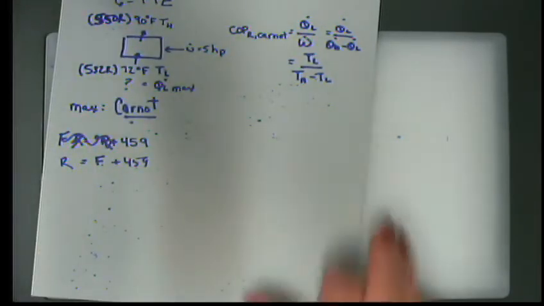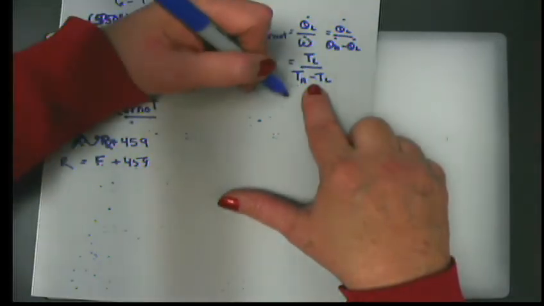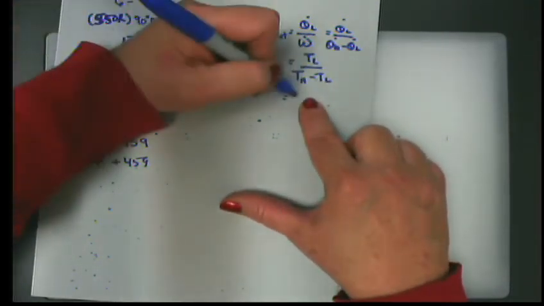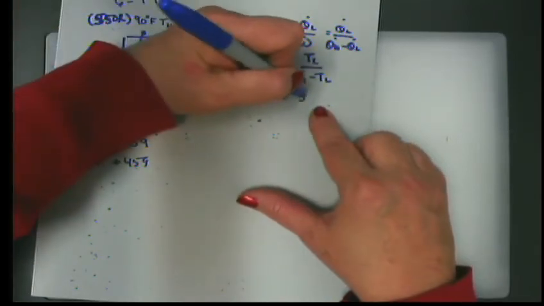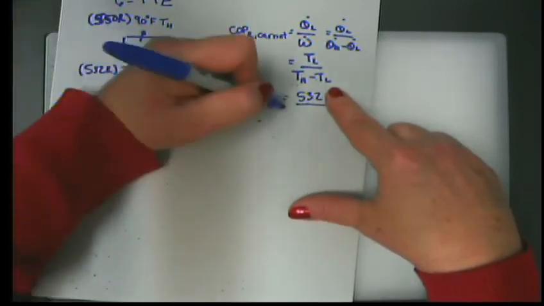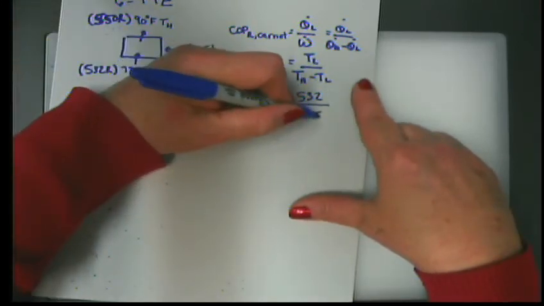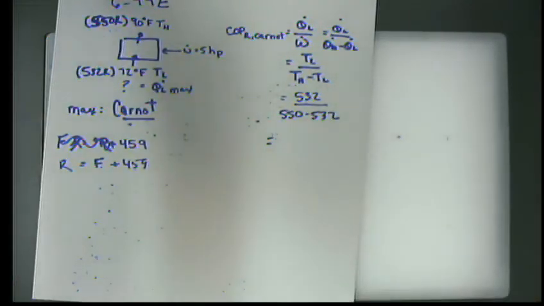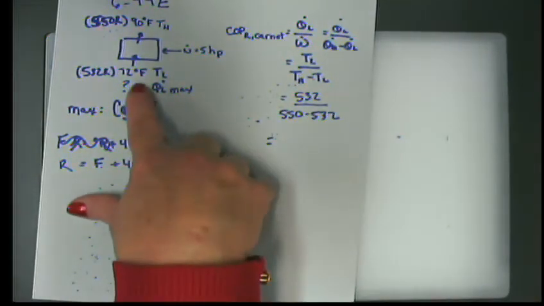Okay. So we have to make sure to use the Rankine scale, being as that's our absolute scale. So what that means is that we can take our T sub L, which is 532, and divide it by 550 minus 532. This number is just the difference, but that's okay.